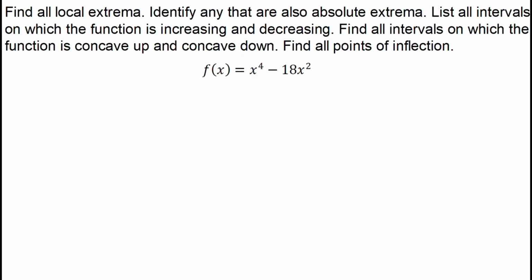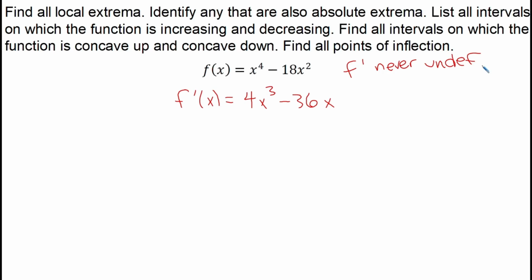All right, for our next one here, it's going to be the exact same process that we've been doing. So first off, we think about the domain. The domain here is going to be all real numbers because this is a polynomial function. But we do need to take a derivative here. So f prime of x is going to be 4x cubed minus 36x. We'll set that equal to 0 because we know it's never going to be undefined, right? We'll say f prime is never undefined. Make a note of that.